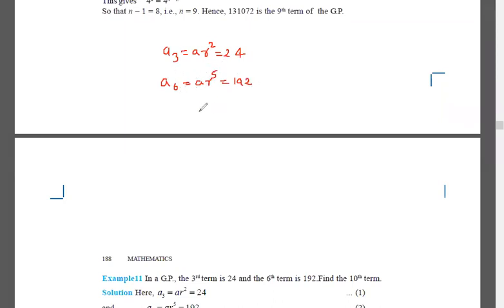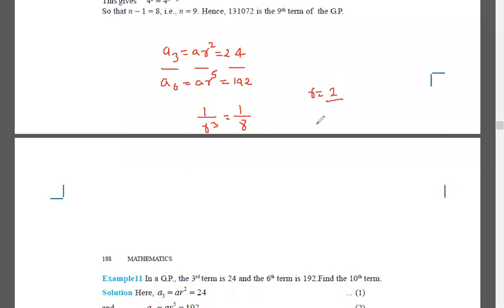Okay, let's see. What you have to do? Divide, divide, divide. So what do you get? 1 by r cube is equal to 1 by 8. Sixth term is 192. Abhiram, sixth term is 192. You have to find 10th term. So r is equal to 2.